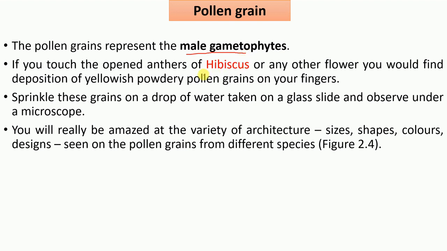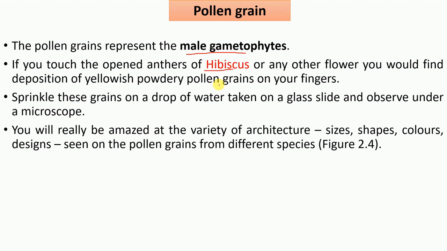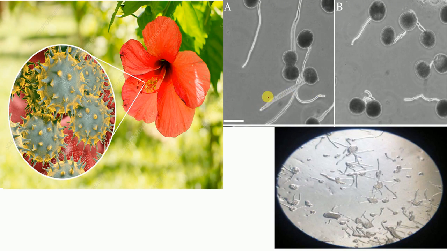You can see it in so many flowers, for example hibiscus. If you touch that flower, you will see so much pollen grain in the part of the anther. Whenever you take pollen grain and drop some water which contains some sucrose solution, it is not only water, some sucrose solution, you will find this type of germination of pollen grain.